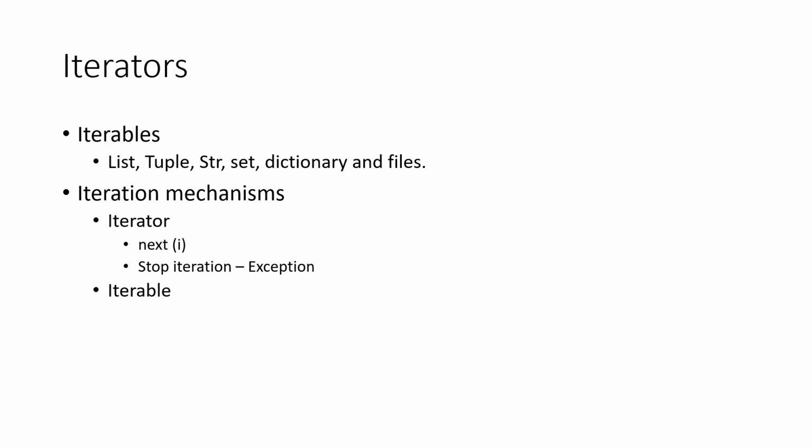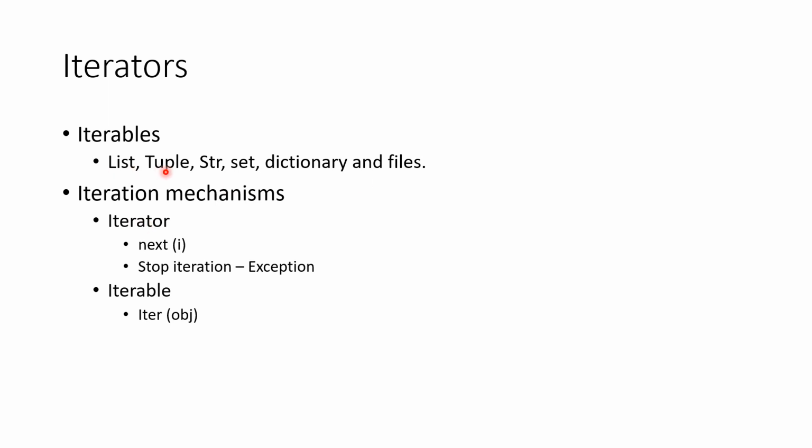The second mechanism is called the iterable. If you want to iterate through something, you must have an iterable, so an iterable object must be produced. Iterable objects can be produced by using the iter function. Within brackets we specify the object, which is the iterable you want to iterate.